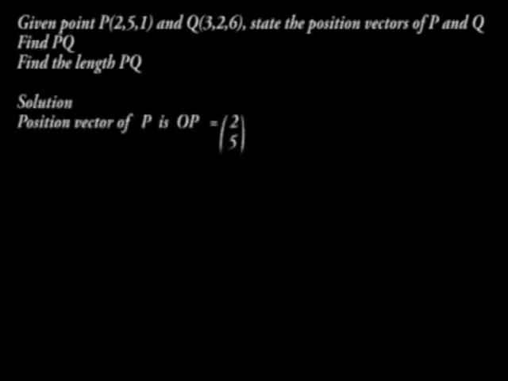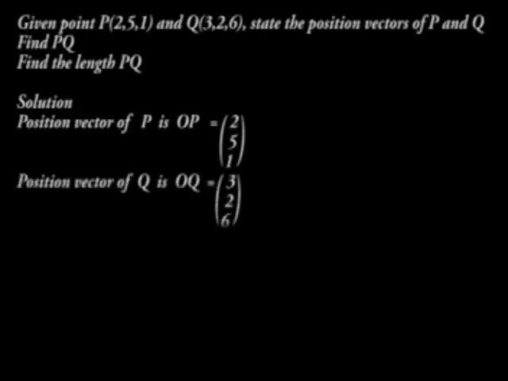Example: given points P (2, 5, 1) and Q (3, 2, 6), state the position vectors of P and Q, find PQ and find the length PQ. Position vector of P is OP equal to (2, 5, 1). Position vector of Q is OQ equal to (3, 2, 6).